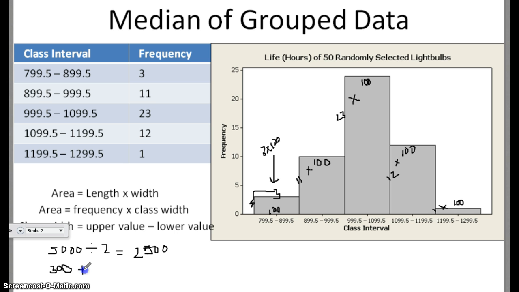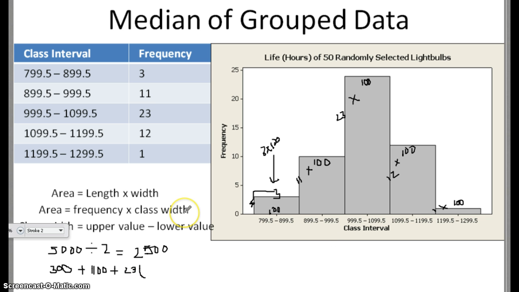My second rectangle I know is included in the half, and it had an area of 11 times 100, or 1100. My third rectangle, I don't want the whole thing. The height of the rectangle is fixed at 23. So to find the area, 23 times.